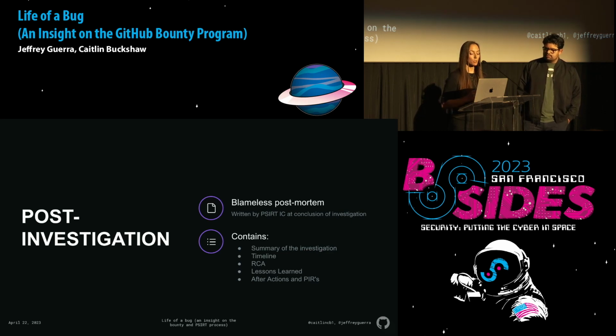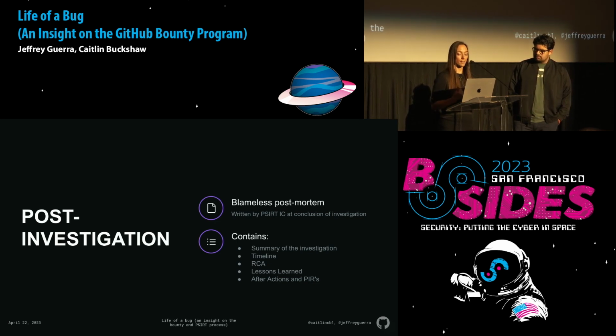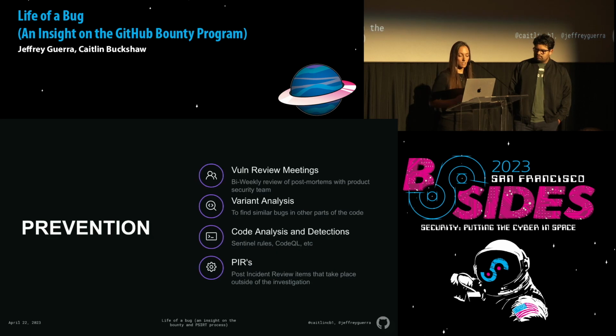So in our postmortem, we're going to include a summary, timeline, RCA, lessons learned, and after actions, because we don't want to hold up the investigation with after actions or any lessons learned that we want to carry forward across the org. So we list those there, put them in PIRs, post-incident repair items, and then close out that postmortem. I know I mentioned Copilot earlier, but this is something we do use Copilot for. Sometimes it does help us, and any help we can get in getting these reports out faster is much better.